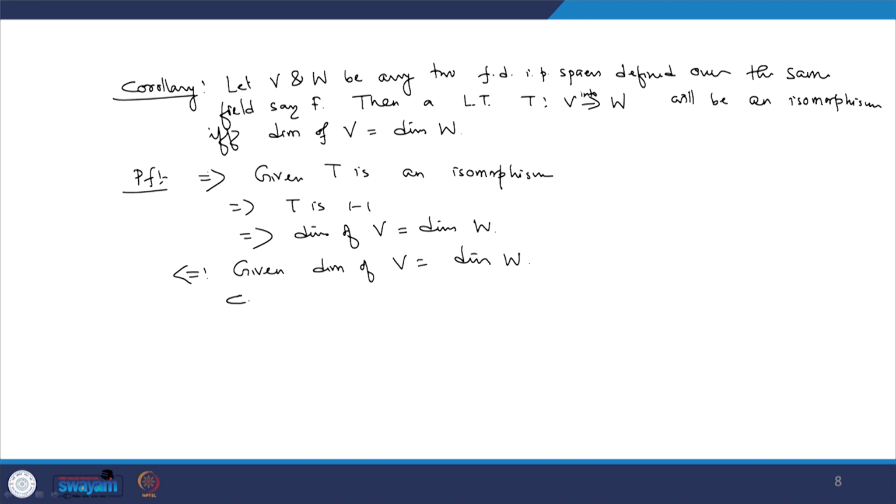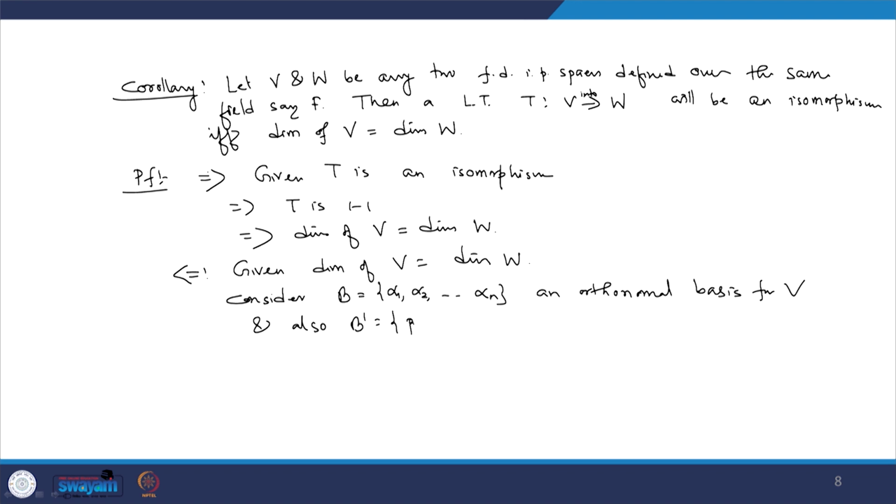So, what I will do, consider B equal to alpha 1, alpha 2, up to alpha n, an orthonormal basis for V, and also B prime equal to say beta 1, beta 2, up to beta n, an orthonormal basis for W. And this is possible because both of them have the same dimension and are finite.